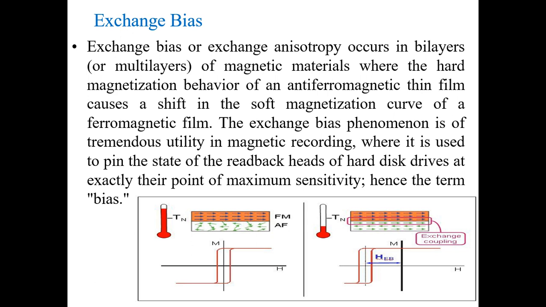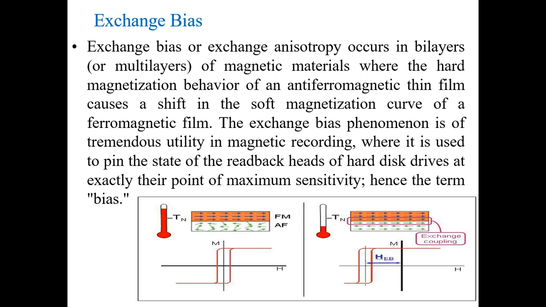So it is usually observed in alternating antiferromagnetic and ferromagnetic bilayer thin films, and we observe a shift in the hysteresis loop, as you can see in the figure below. Above TN, when the antiferromagnetic spins are in random direction or in a paramagnetic state, we have no shift of the hysteresis loop of the ferromagnetic system.